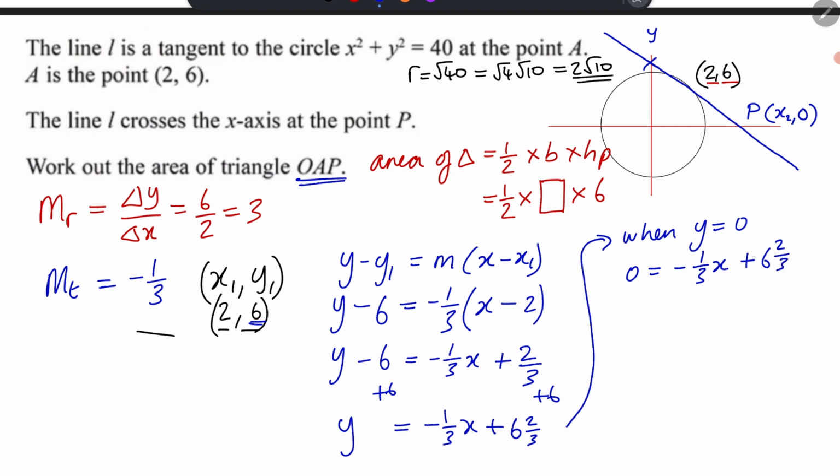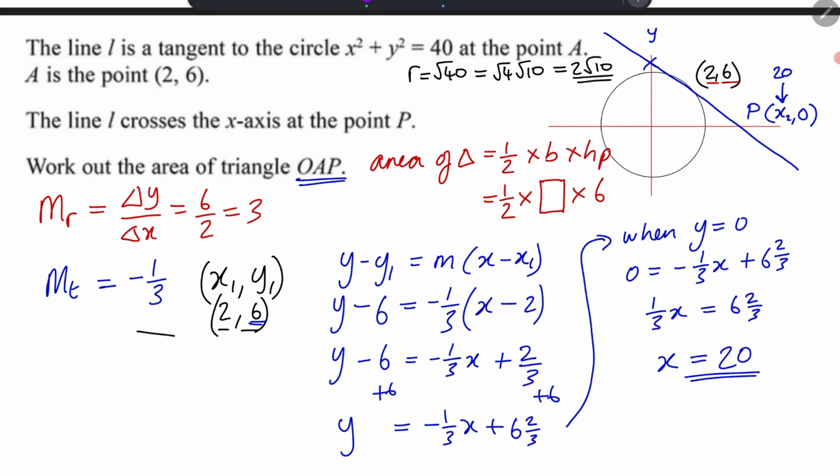We're going to add 1/3 x to both sides. So 1/3 x is equal to 6 2/3. We can multiply both sides by 3. And that's going to give us x equals, so 6.6 recurring times 3 is going to give you 20. And that is the coordinate here. That's what we just found is x2. That's going to be 20.